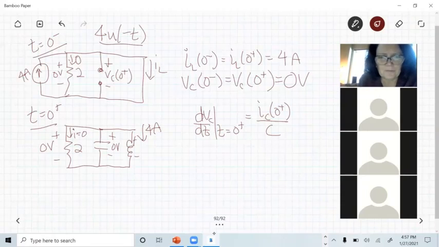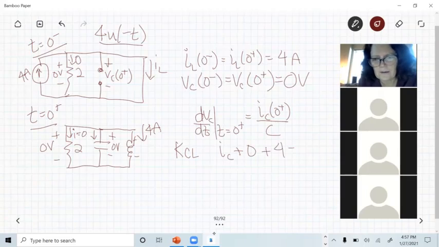And then I can jump to KCL and say IC plus 0, they're all going out, plus 4 equals 0. So the current through the capacitor must be negative 4 amps.